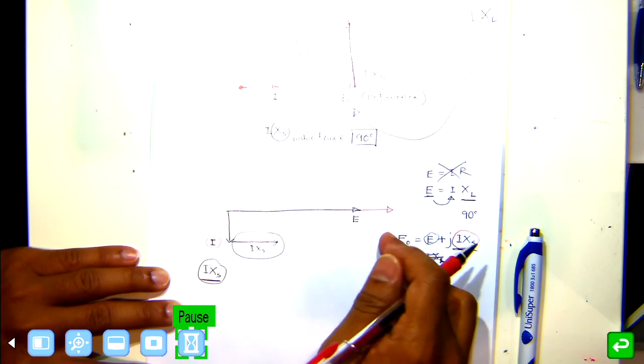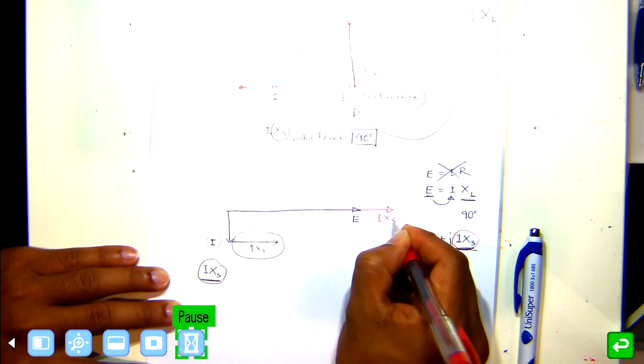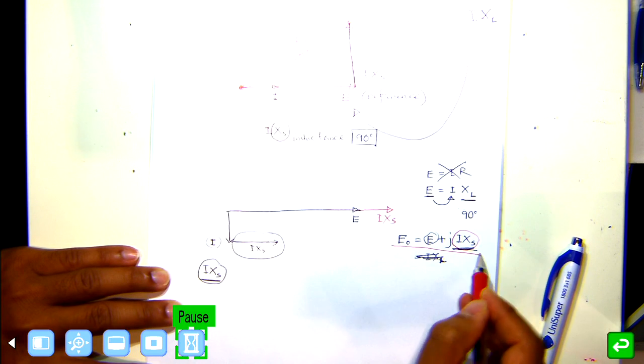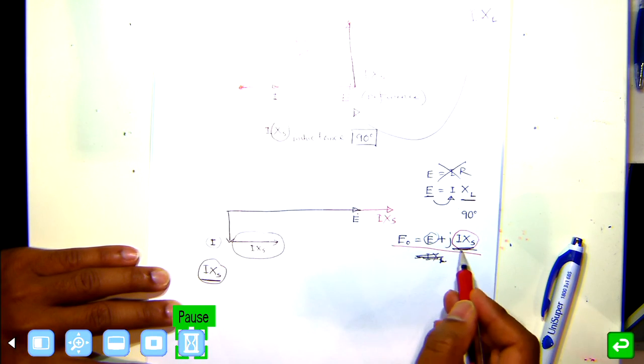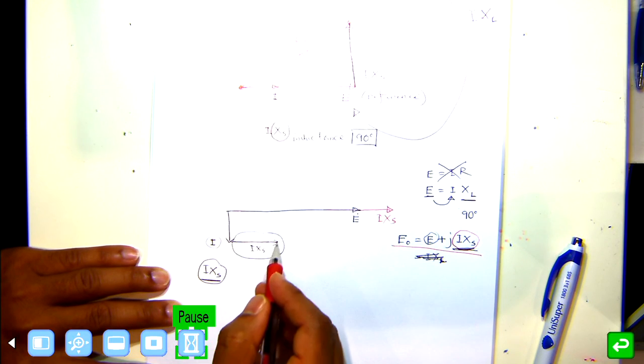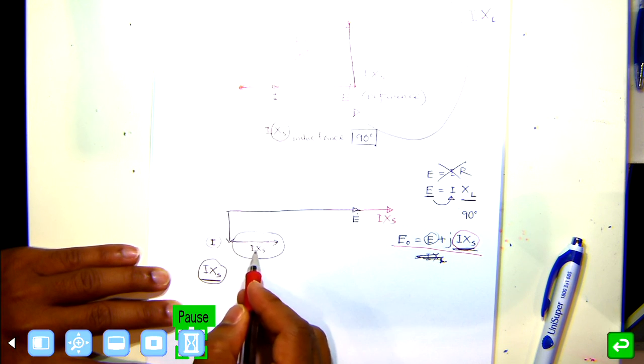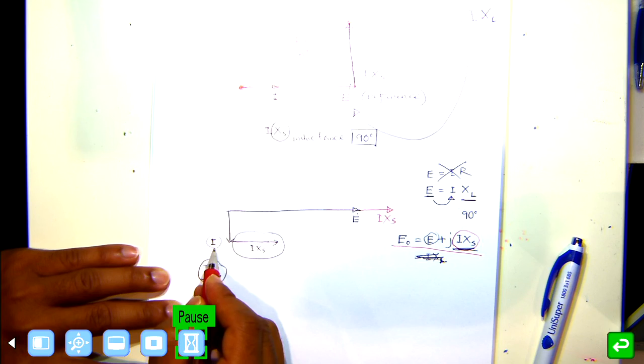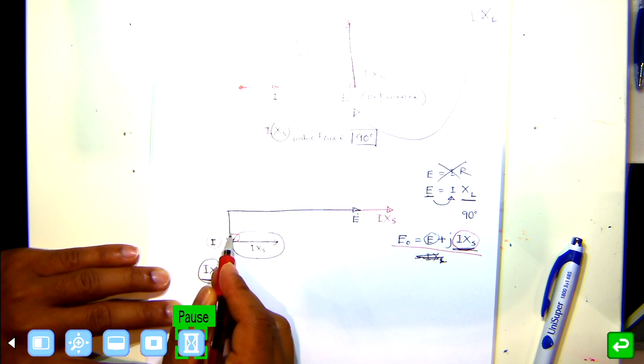Do you understand what I am doing in this part? Because I want to get this equation, I have my E and I am adding IXS to this E. Why am I drawing it here? Just to show that I and IXS have a 90-degree phase shift.